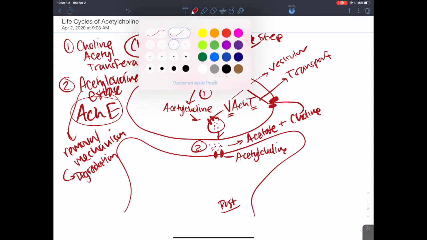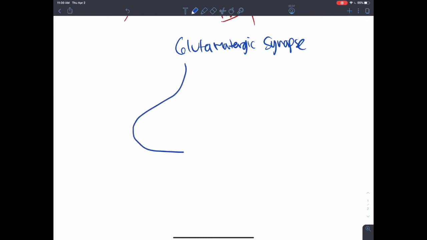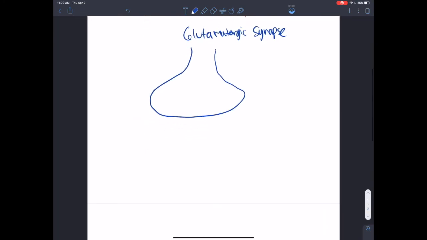So when we talk about glutamate, for me, glutamate just is blue. I don't know why. So here's a glutamatergic synapse. So the precursor for a glutamatergic synapse is going to be a molecule called glutamine.